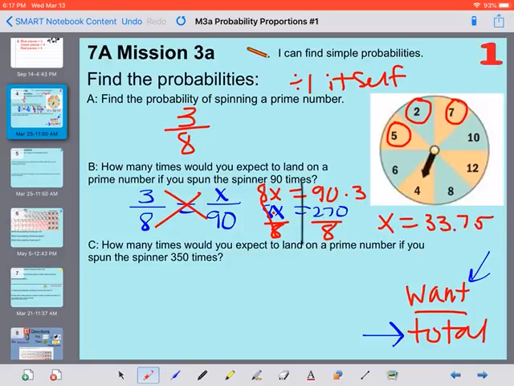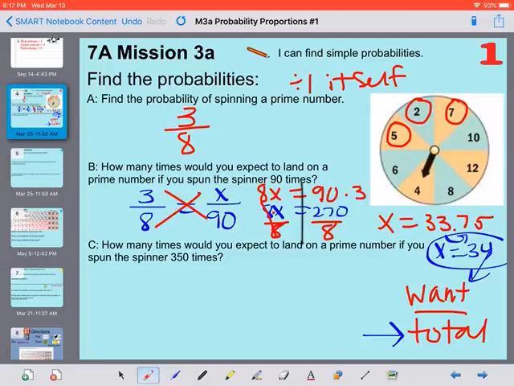Now you can't land a spinner 0.75 of a time, so round up if the number after the decimal is greater than 5. So we would round this to 34. We would expect the spinner to land on a prime number 34 times if we were to spin it 90 times.